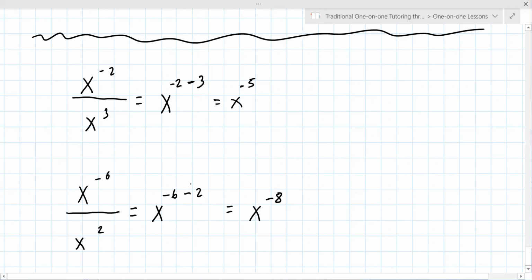Yeah, they're both negatives, so the answer must be negative. And since they're both negative, you add them together.